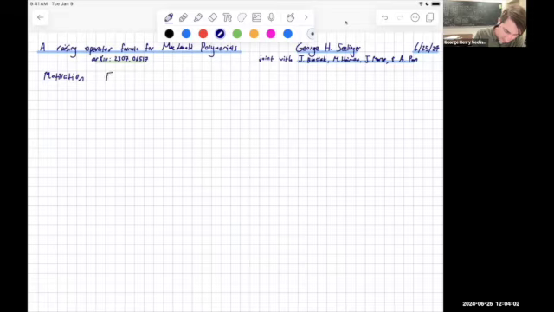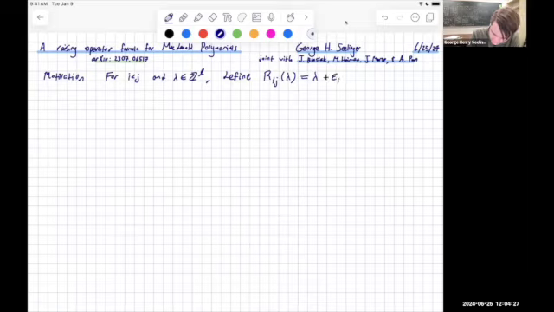The idea is that if you have a pair of integers i less than j, and some integer vector lambda of length L, then he defines R sub ij to act on this integer vector by adding 1 to the ith position and subtracting 1 from the jth position. He calls this a raising operator.